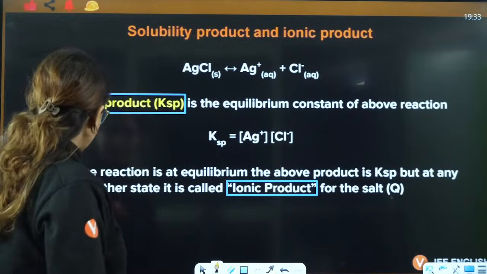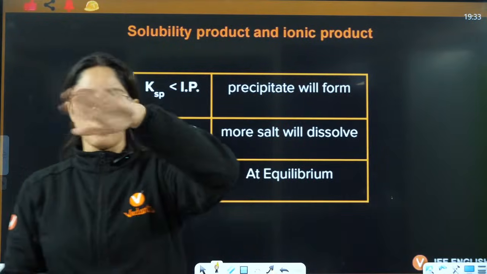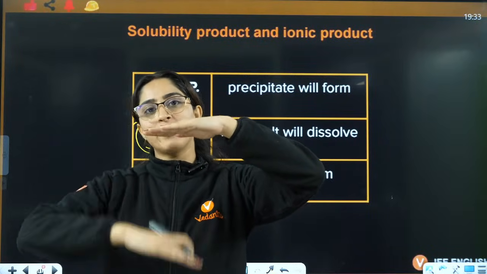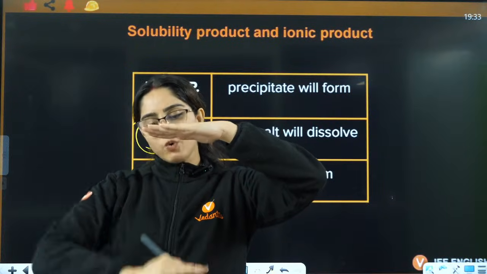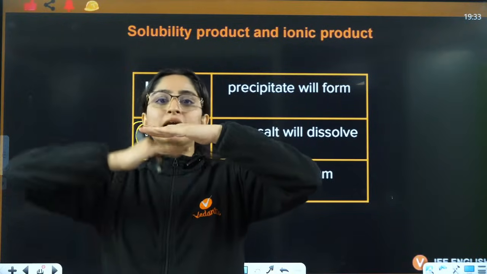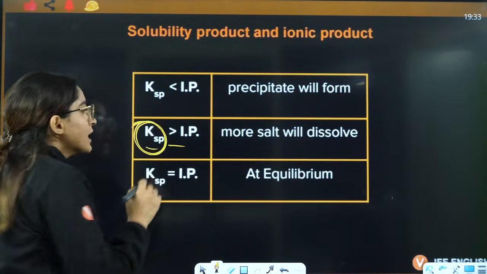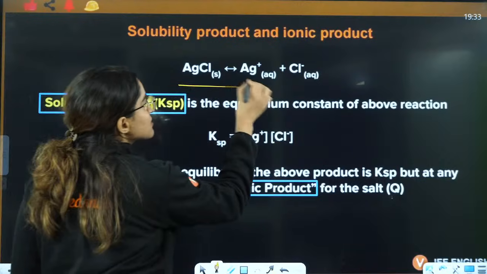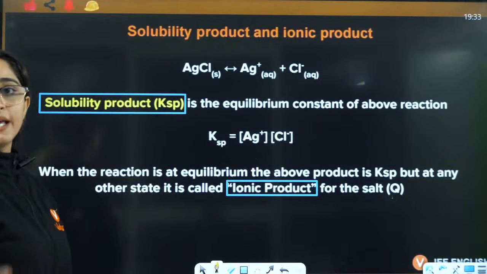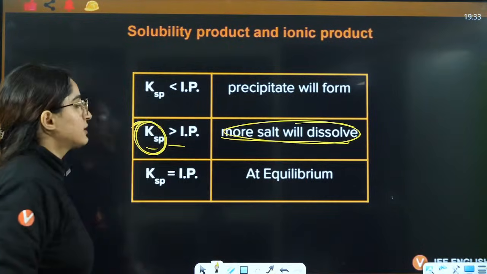When Ksp is greater than the ionic product, you have to increase the ionic product to make it equal to Ksp. So it is moving in the forward direction, meaning more dissolution, more salt is dissolved.